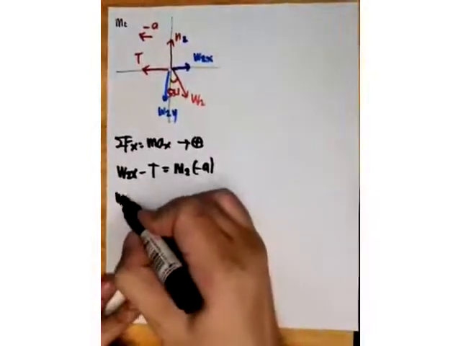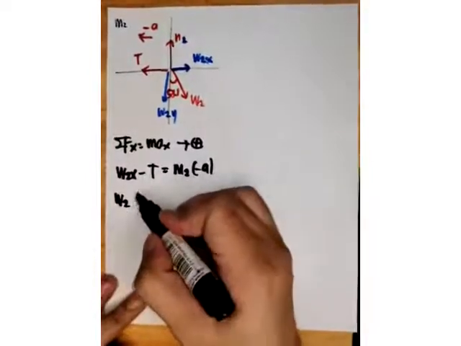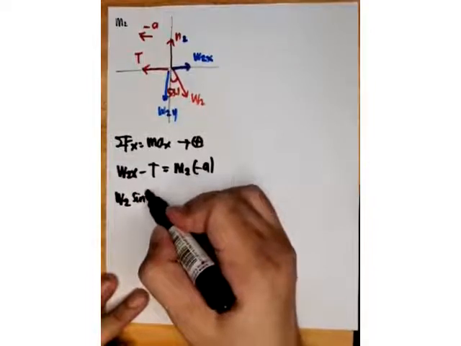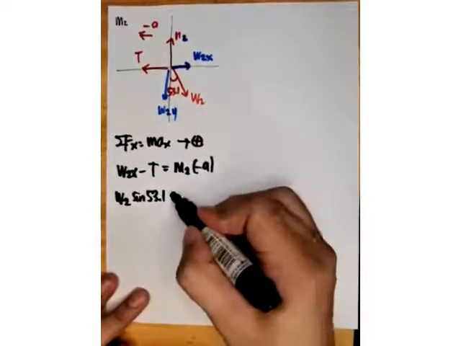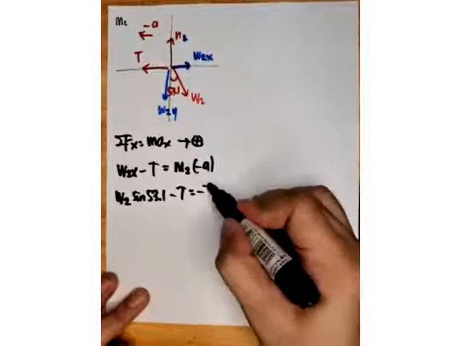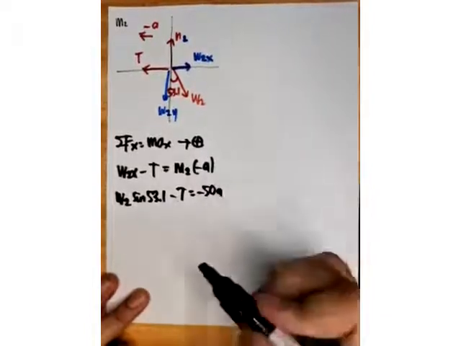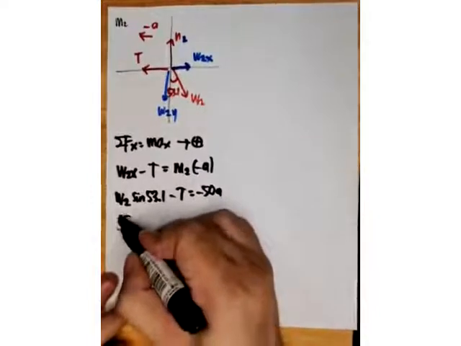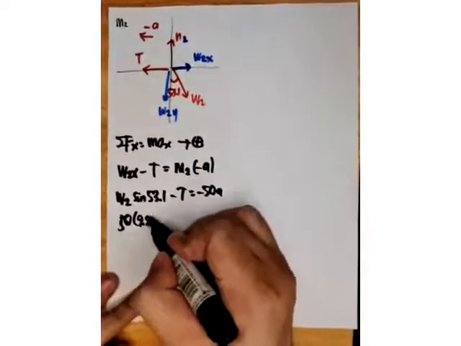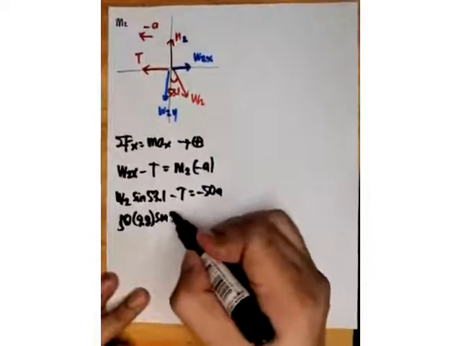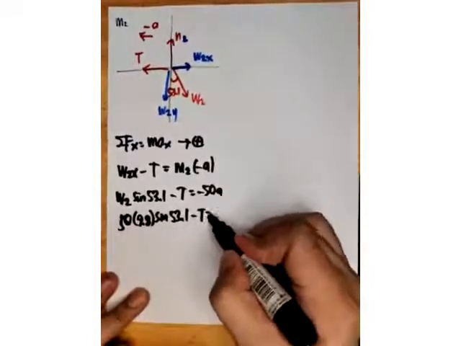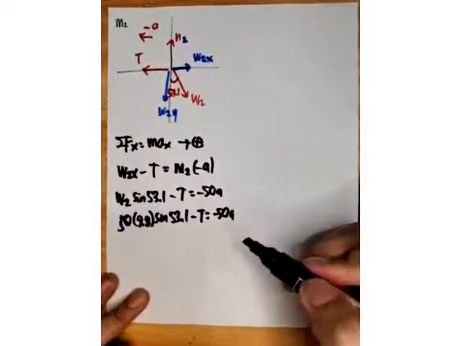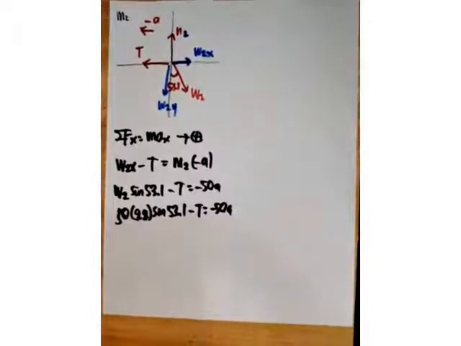Ayan. So this is W2 sine 53.1 minus T is equal to negative 50A. So this is 50 times 9.8 sine 53.1 minus T is negative 50A. So what is that one?